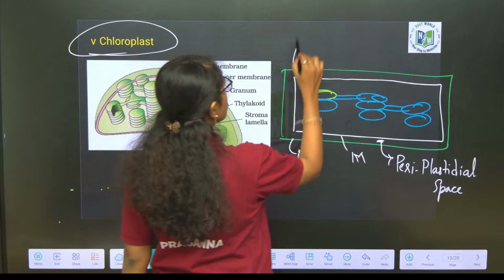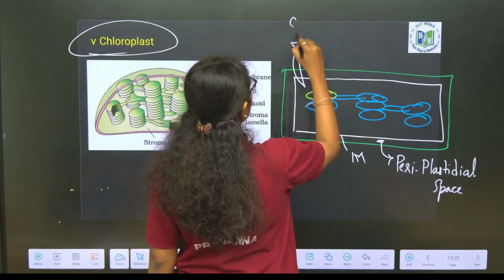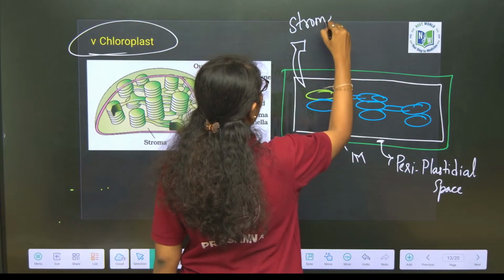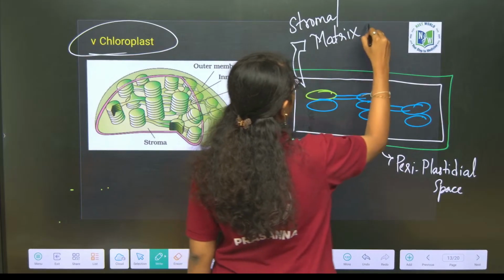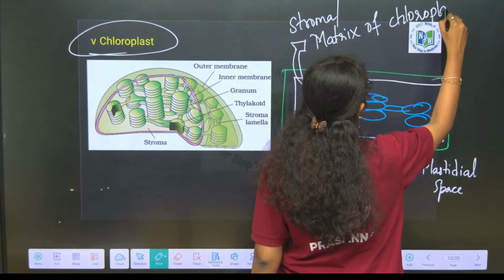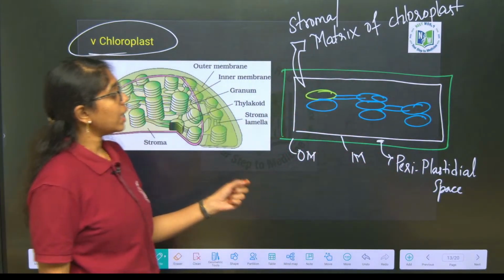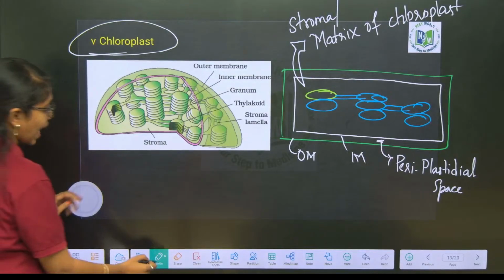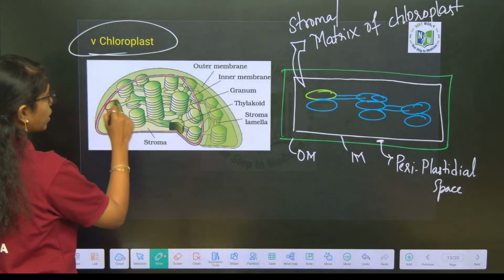This is called what? Stroma, or matrix of chloroplast. So here if you see, there are membranous sac-like structures inside the chloroplast.